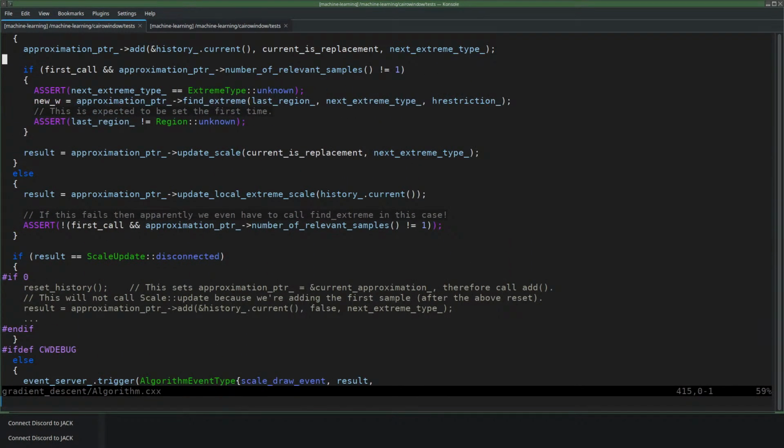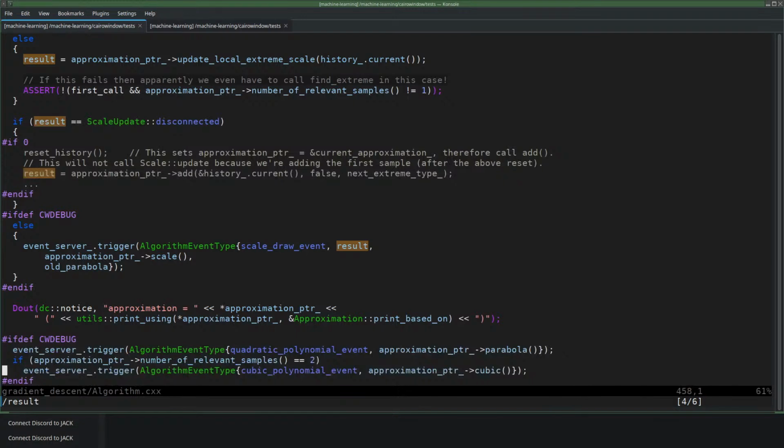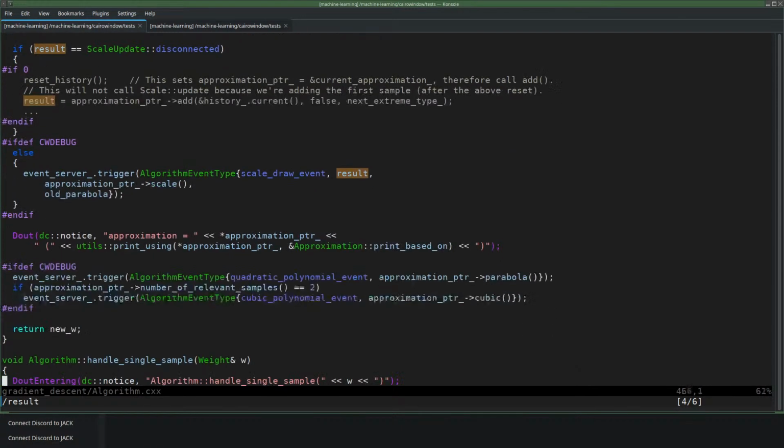Like literally not used. It's passed to the event trigger, to the algorithm event type. That's about it. Ridiculous.